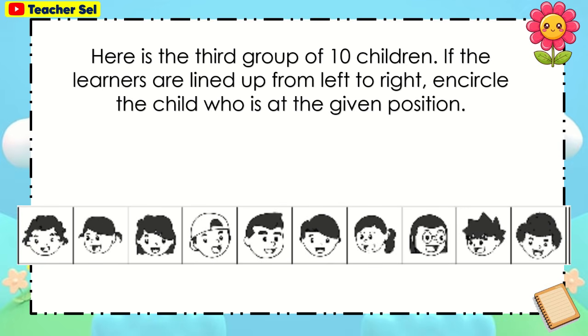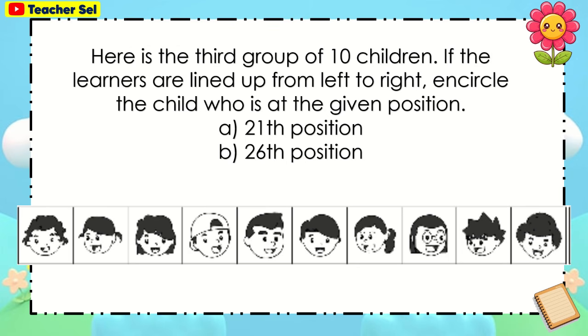Here is the third group of 10 children. If the learners are lined up from left to right, encircle the child who is at the given position. 21st position, 26th position, 30th position.